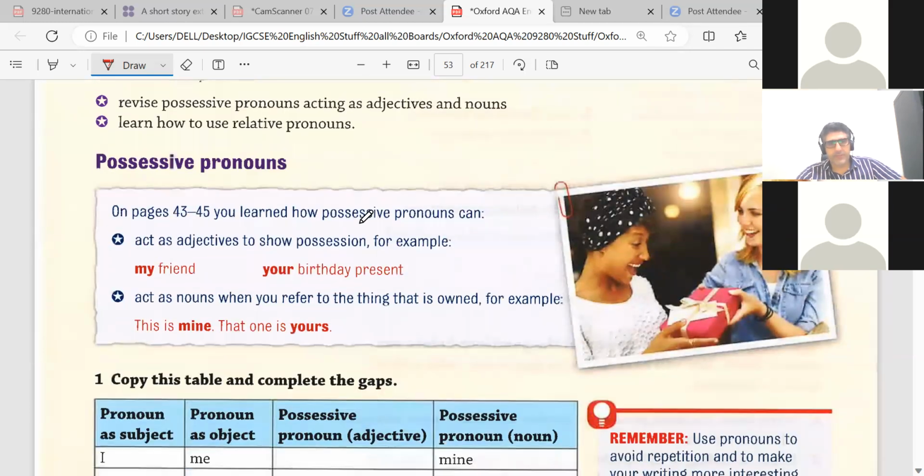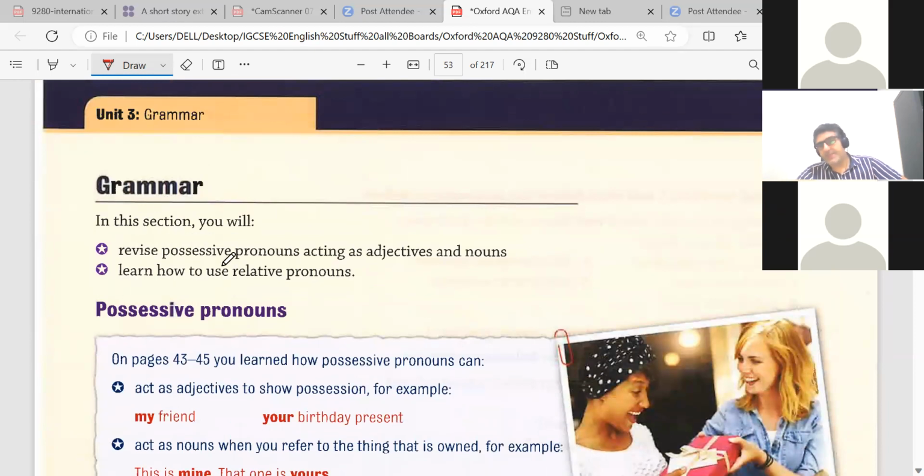The last one here is the second grammar point, also about pronouns, but this one is a mix. You provided possessive pronouns acting as adjectives and nouns, and now relative pronouns. But before we start, I have a task for you. Please match.